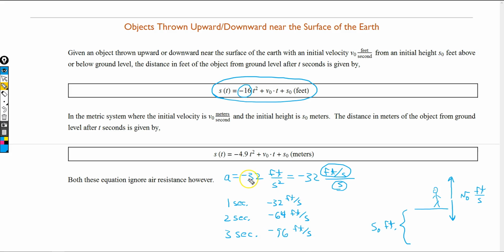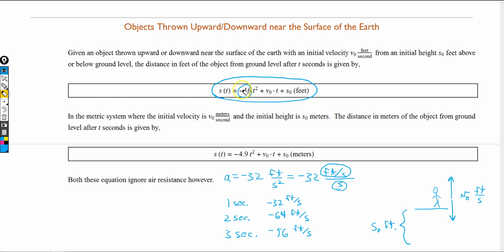So that's what the acceleration due to gravity near the surface of the Earth means. And in the English system, it is negative 32 feet per second squared. Now the 16 comes from half of 32, and we'll see later on how we can actually derive this equation. Right now we're just going to use it.